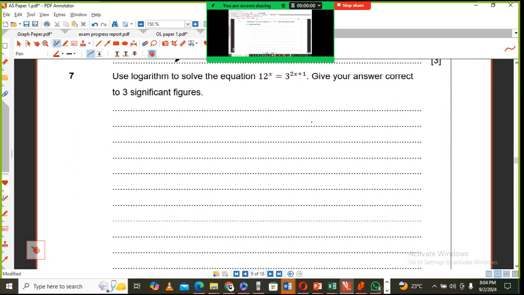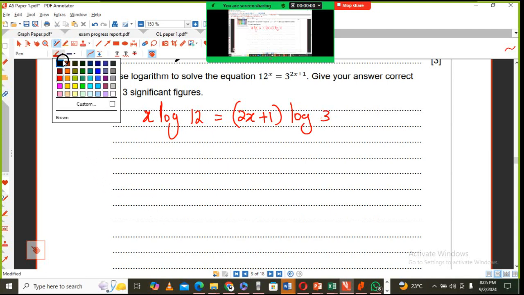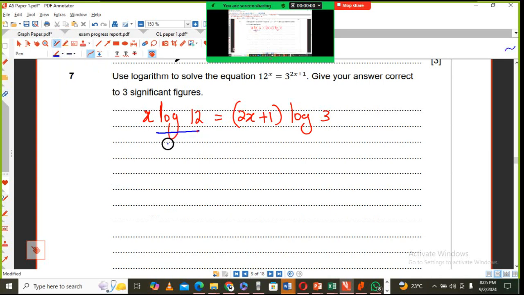Okay. Did you try question 7? And what is your answer? You can use the natural log, or you can use the basic log base 10. So what I will do is I'll divide both sides by log 12.